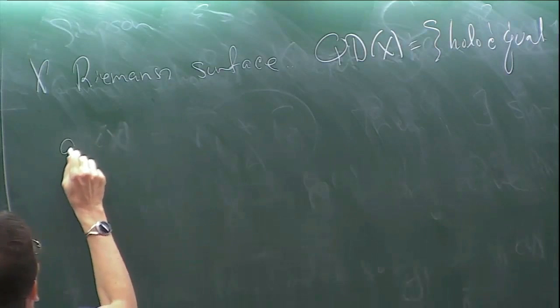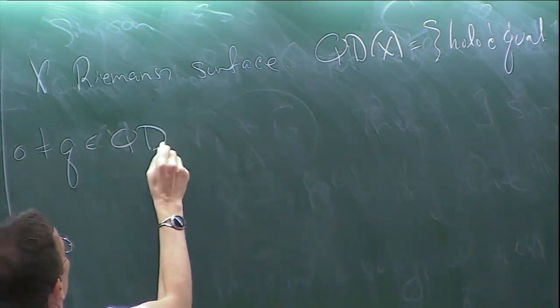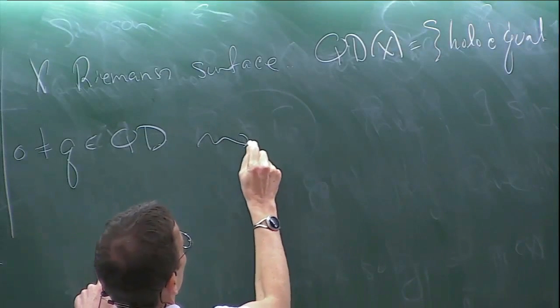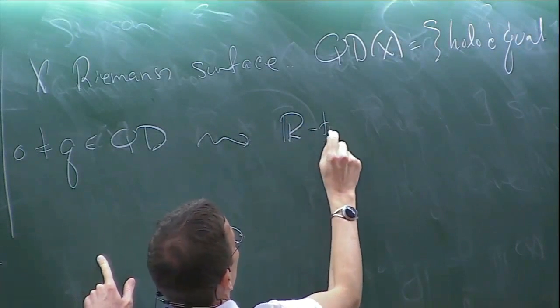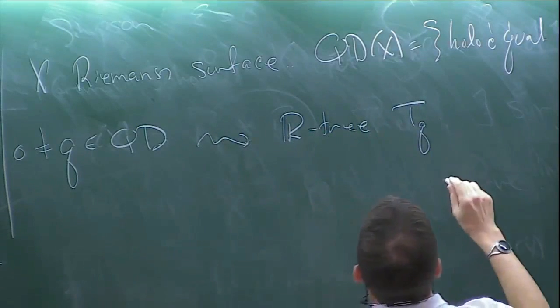Okay. So if I have a quadratic differential Q which is not zero, then I get an R-tree, which I'll denote T sub Q.